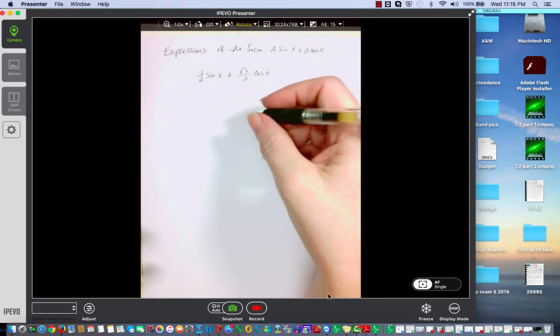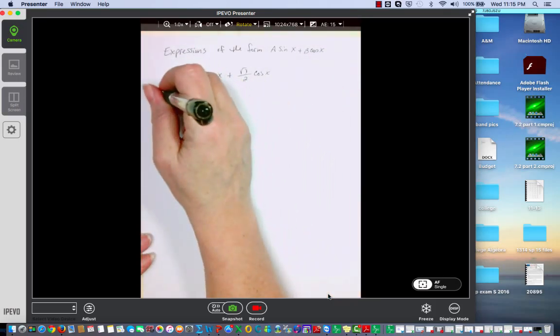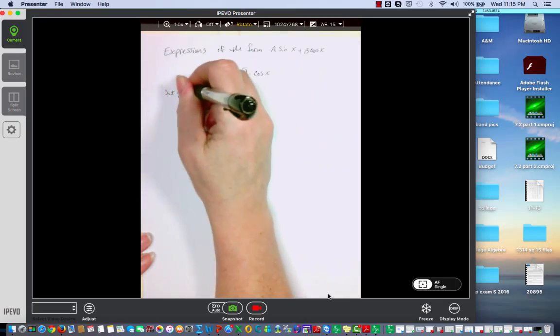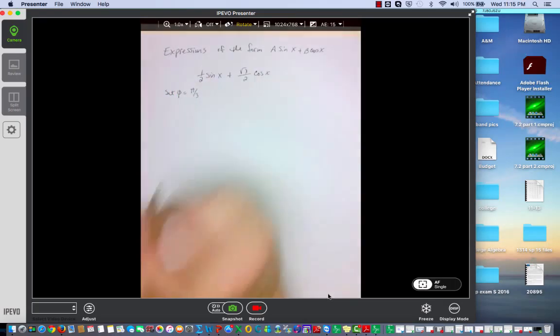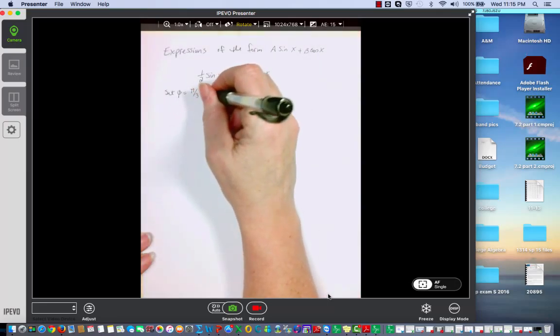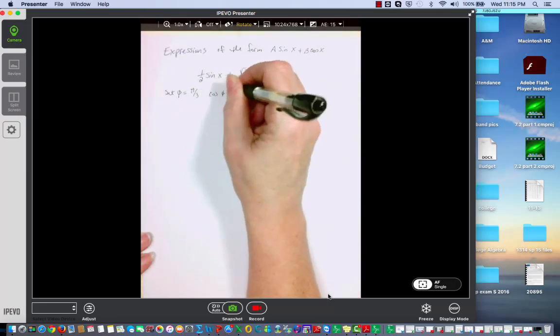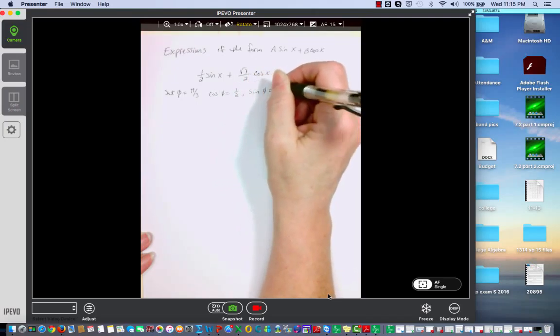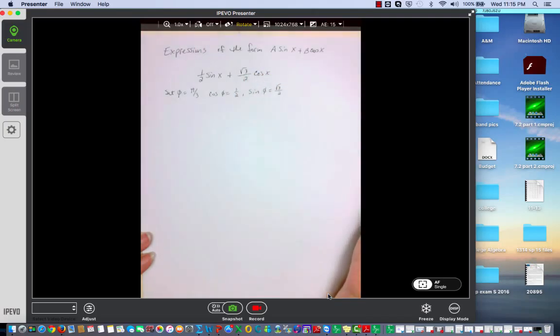So if we set phi equal to pi over 3, then we would have cosine phi is equal to 1/2 and sine phi is equal to the square root of 3 over 2.